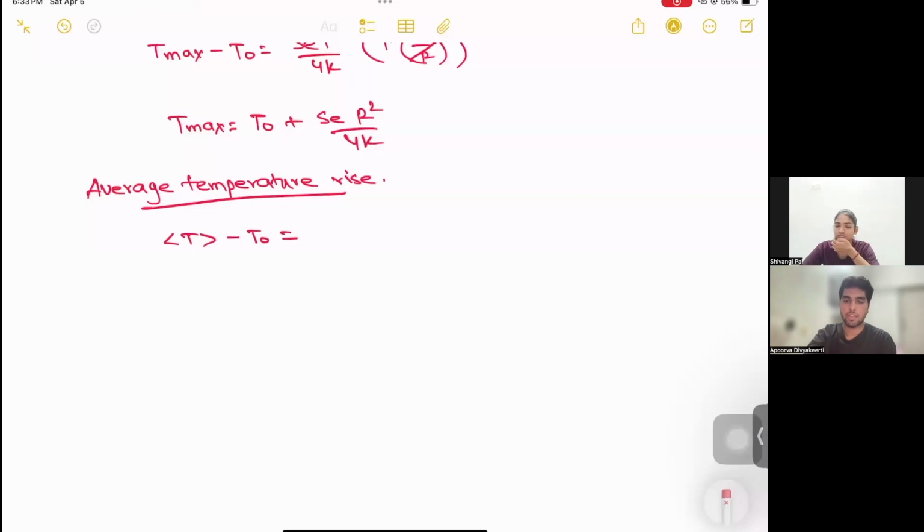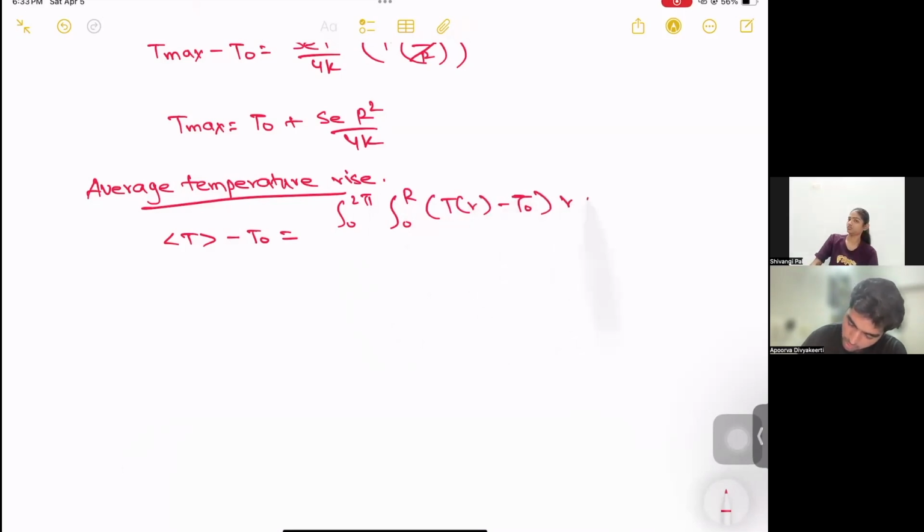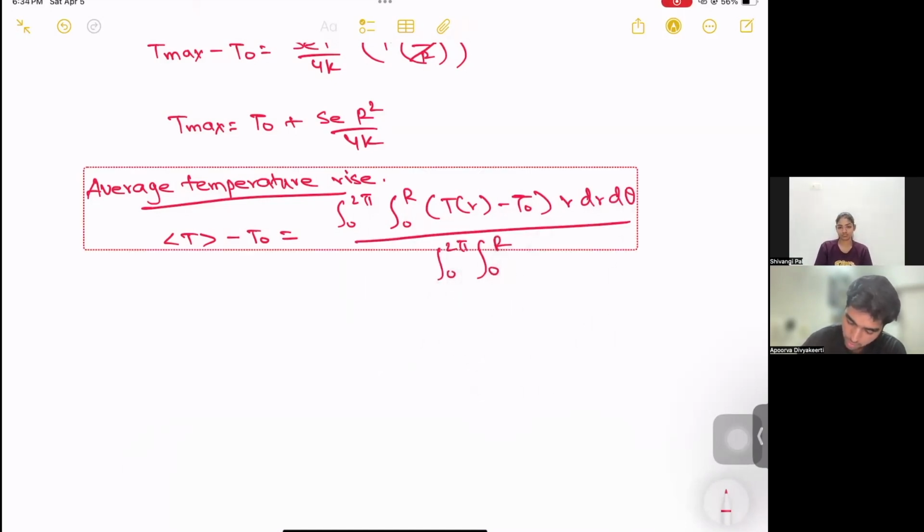So how do we calculate the average? We have something like the integral from 0 to 2 pi, 0 to R, of T(r) minus T naught into r dr d theta, divided by the integral from 0 to 2 pi, 0 to R, of r dr d theta.